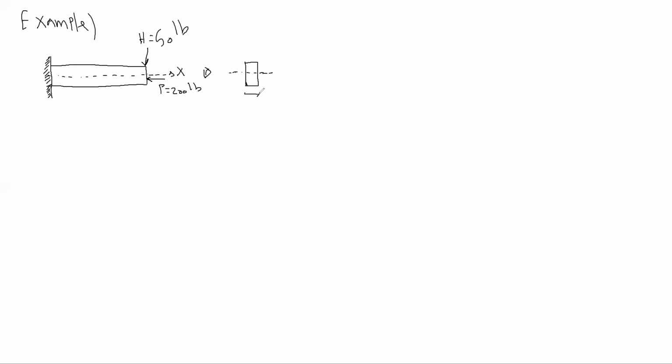This is rectangular. This is 3 inch. This is 4 inch. And P is just here. This is point P. It's just a compressive load. This distance is 1 inch.